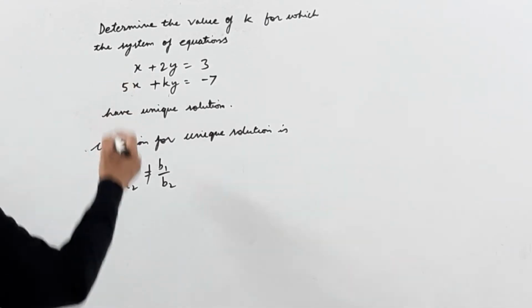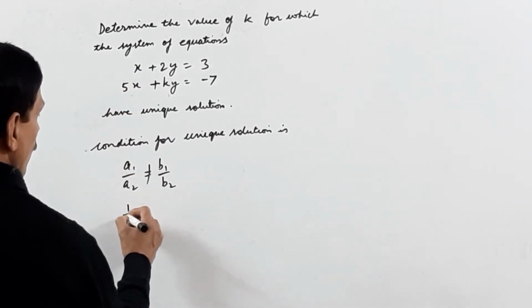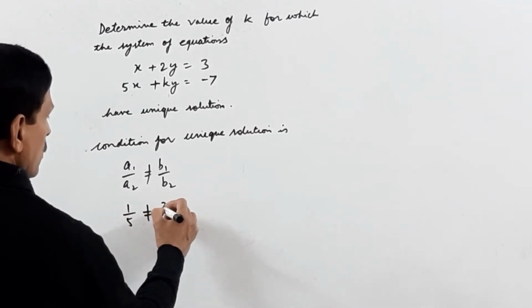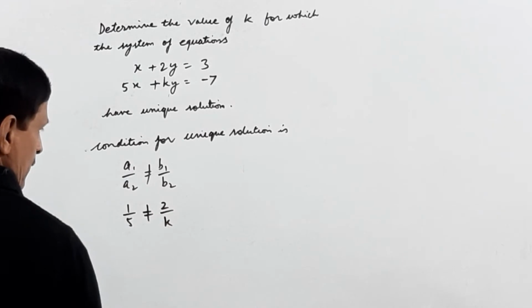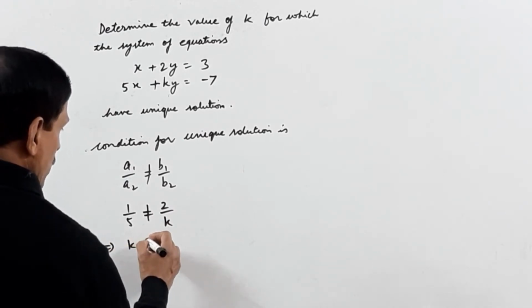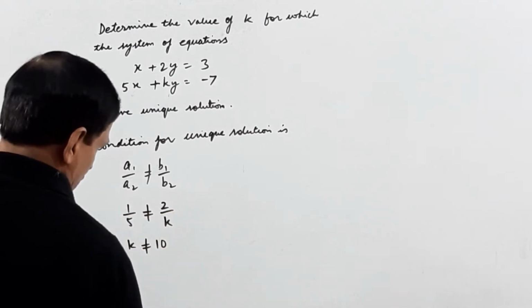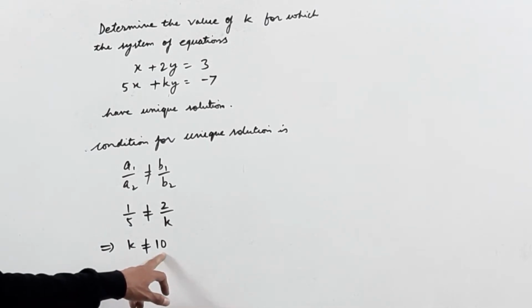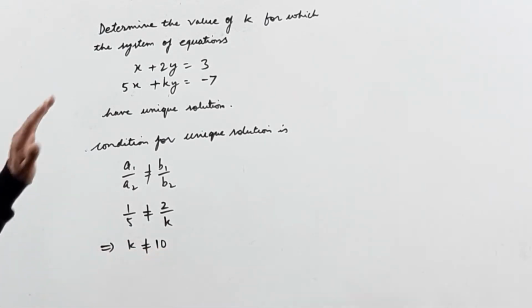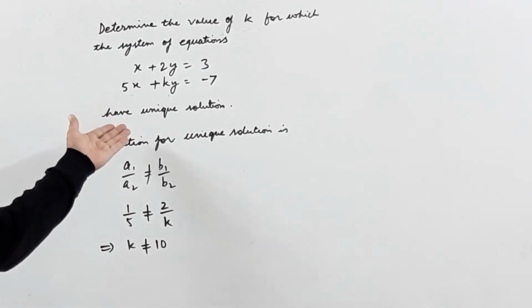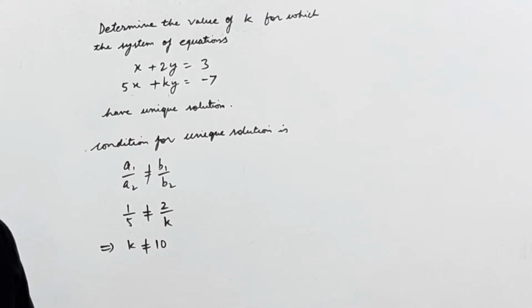Substituting the coefficients, 1 upon 5 is not equal to 2 upon k. It implies k is not equal to 10. Thus, except for 10, for all other values of k, the system of equations has a unique solution.